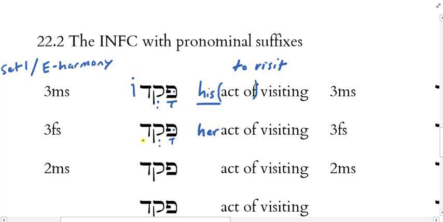And then I can add the kametz hey, and what is in the hey here? What is that dot called? Mapik. Mapik. So this is literally the act of visiting of her. That is to say, her act of visiting. She's the one who's doing the visiting here.